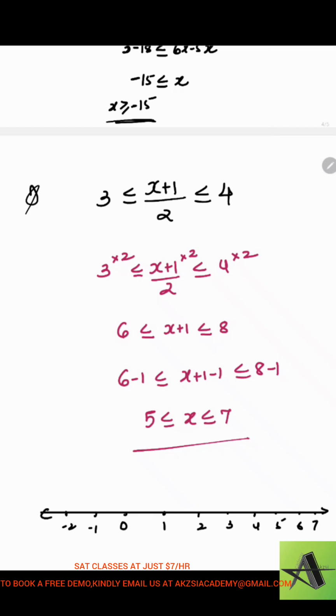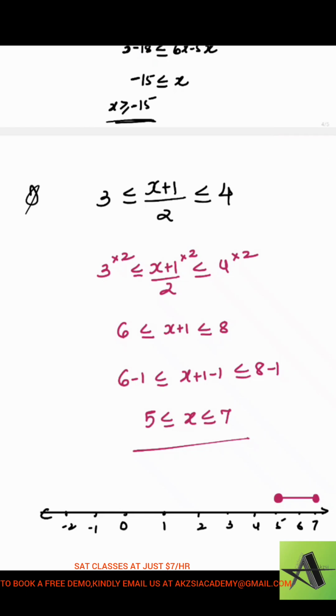So x is lying between 5 and 7, including 5 and 7 both. So at 5 I'll draw a filled circle, and at 7 I'll draw a filled circle, and a line connecting them.